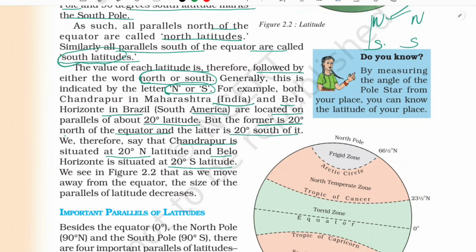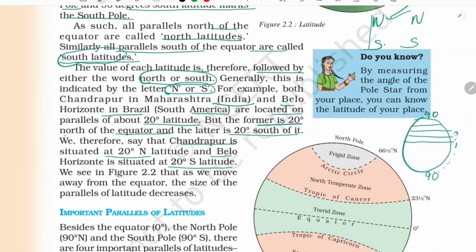For example, here let us again see. Suppose this is the earth, this is the equator, here this is the latitude. So from here you will count 1 2 3 4 5 6 until here it will be 90. Until here again 90. From here you will be counting 1 2 3 4 5 till 90.